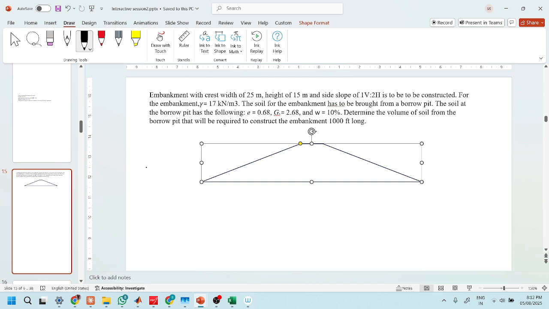An embankment with a crest width of 25 meters and a height of 50 meters is to be constructed.